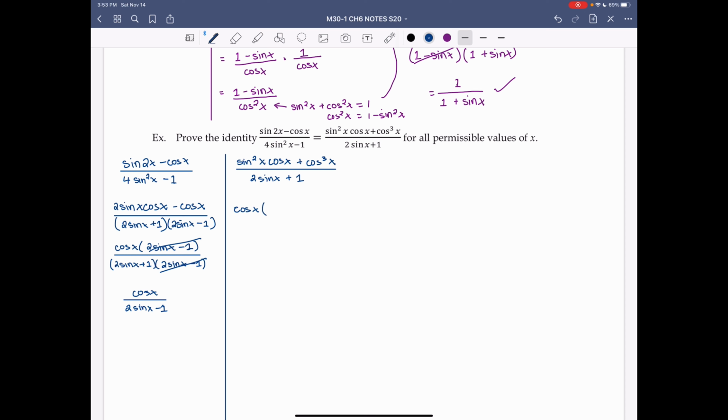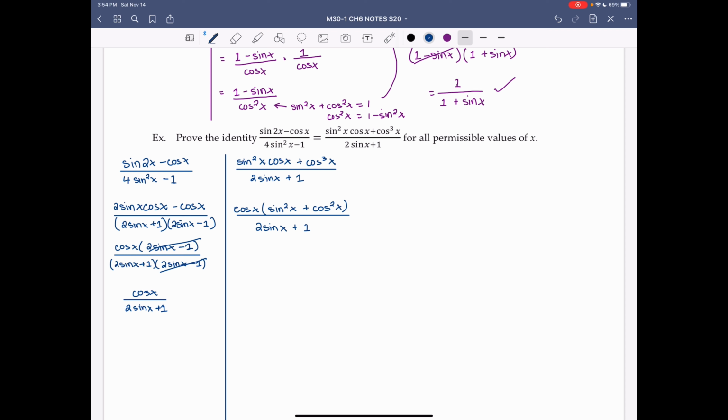Cos x times sine squared x plus cos squared x over 2 sine x plus 1. Oh, on the left side here, that should be 2 sine x plus 1, not minus 1. Then on the right side, on the top of my fraction, sine squared x plus cos squared x, that's the Pythagorean identity. That equals 1.